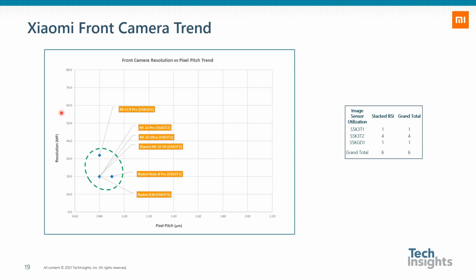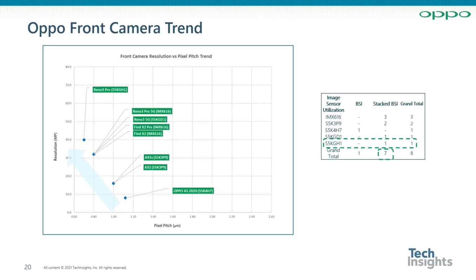Xiaomi's front camera trend is relatively straightforward, so they focus only on smaller pixel pitch and resolution between 20 and 32 megapixels. Oppo's trend looks quite interesting because they have sourced essentially a number of pixel pitches and resolutions.